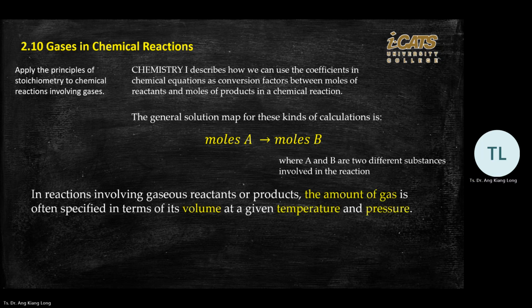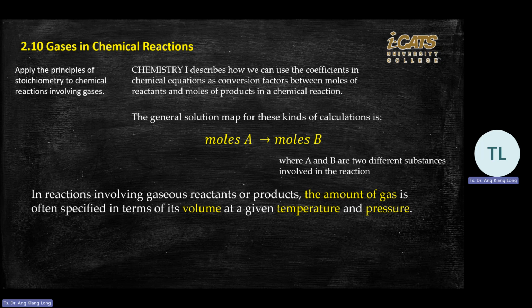Okay. So here in chemistry 1, you already know how to find coefficients in the stoichiometric equation. So now what we want to do is use the principle of stoichiometry to find the number of mole. This reaction involves gas. We are now at gas. We focus on gas products.